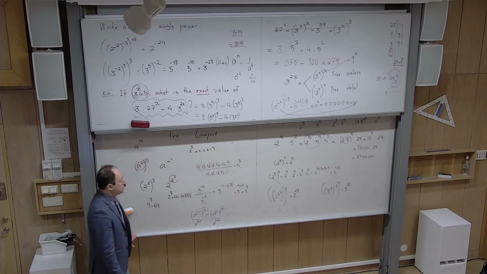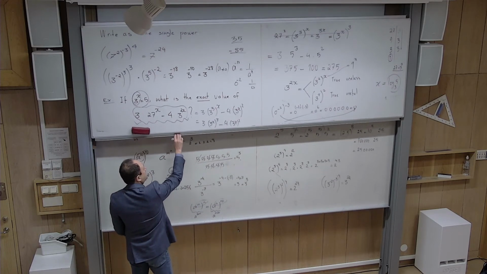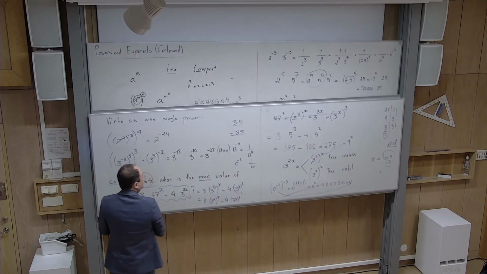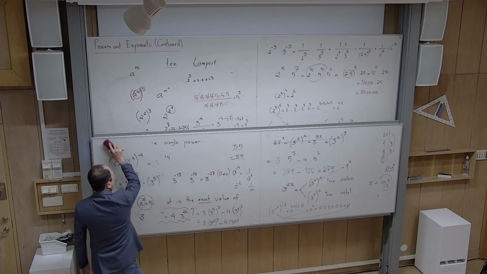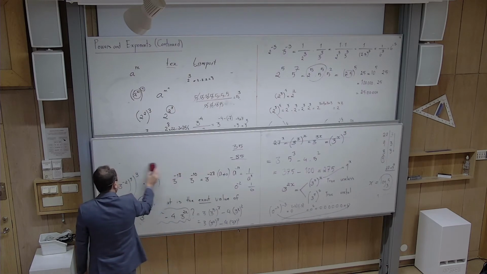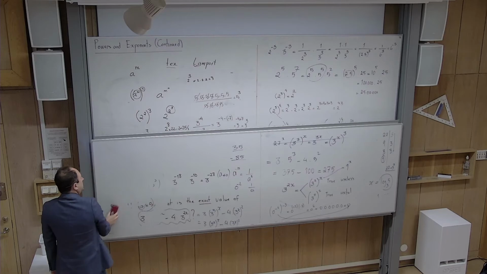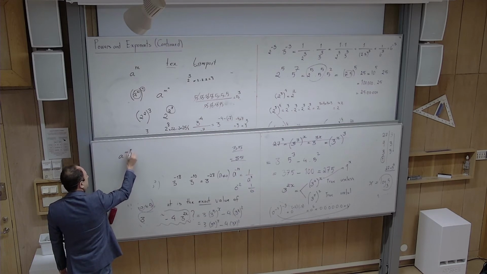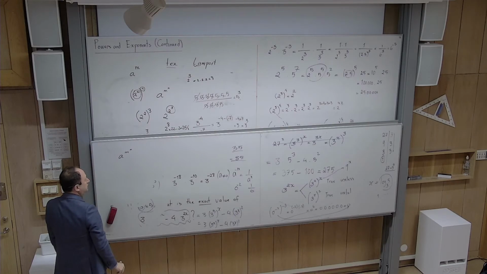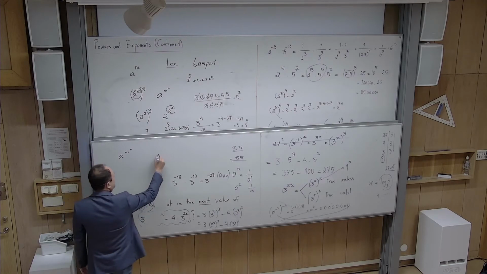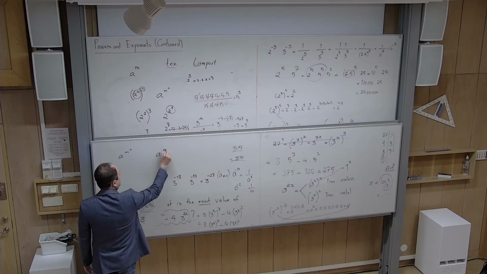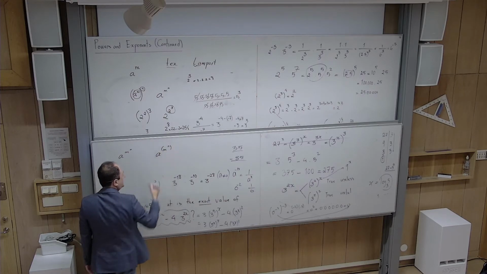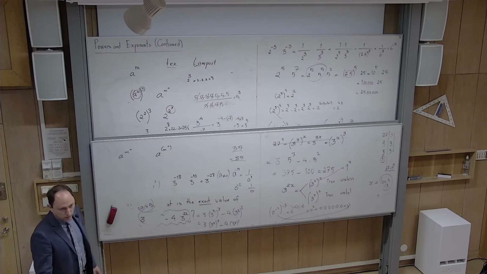Okay, so what I want you to understand is this. If you see A to the power M to the power N without any pairs of brackets, by convention, the pairs of brackets is around these two, which we don't write.